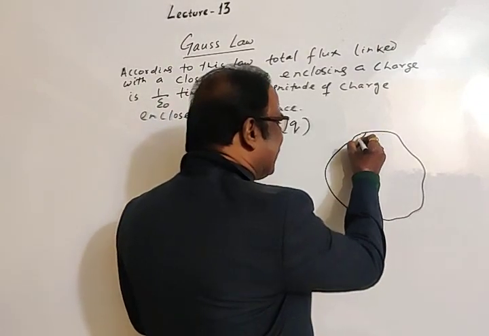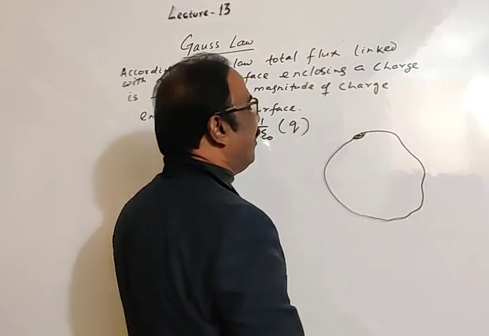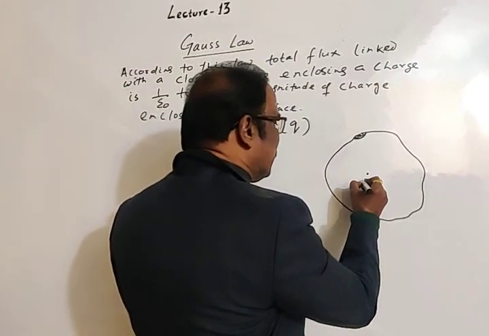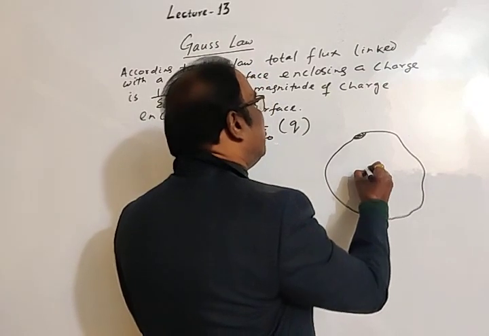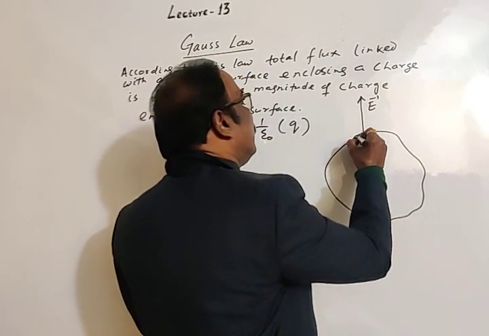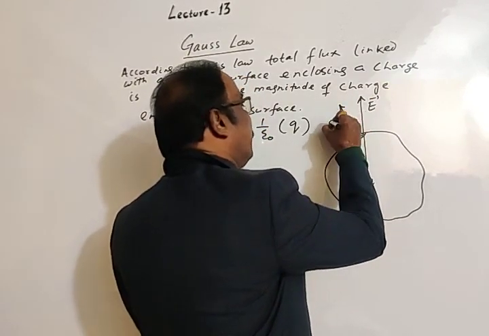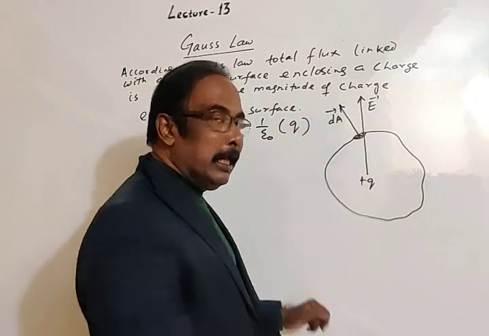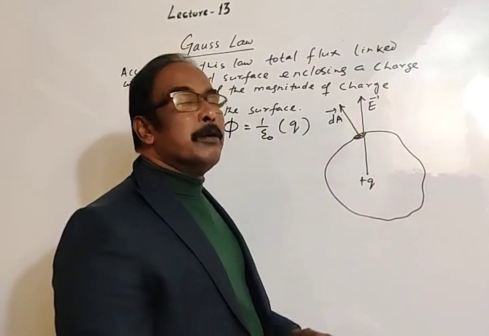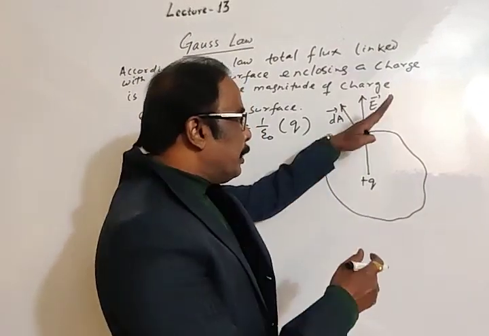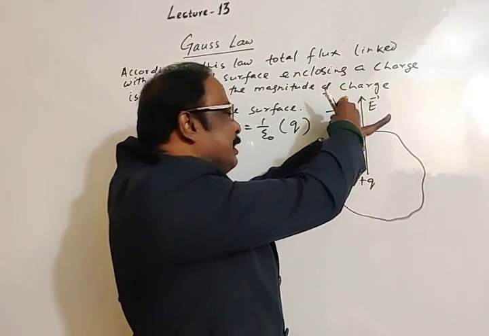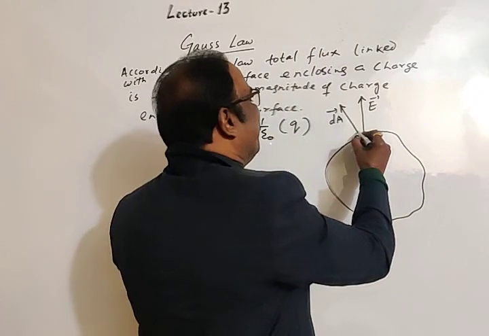Let's consider this an elemental area on the surface, and this imaginary surface encloses a charge, let Q. Then obviously this will be the direction of electric field and this is the direction of elemental area, dA. The magnitude of this elemental area is dA, and the direction of the area vector is perpendicular to the plane. I have taken the plane of the surface like this, and this is perpendicular to the surface area.